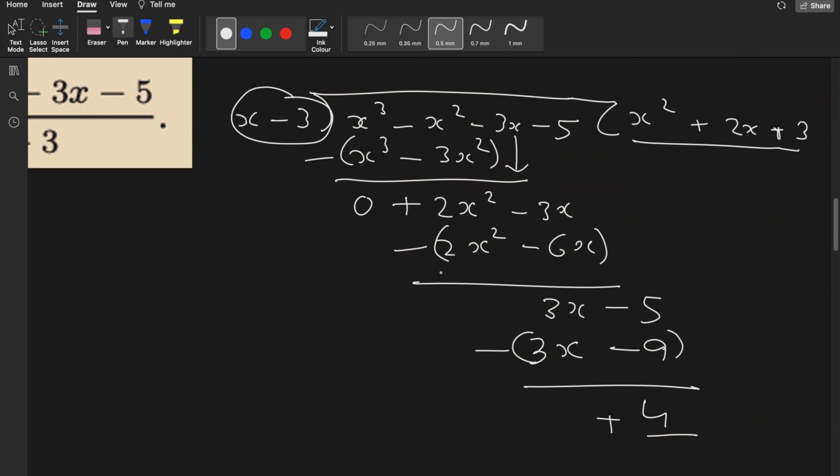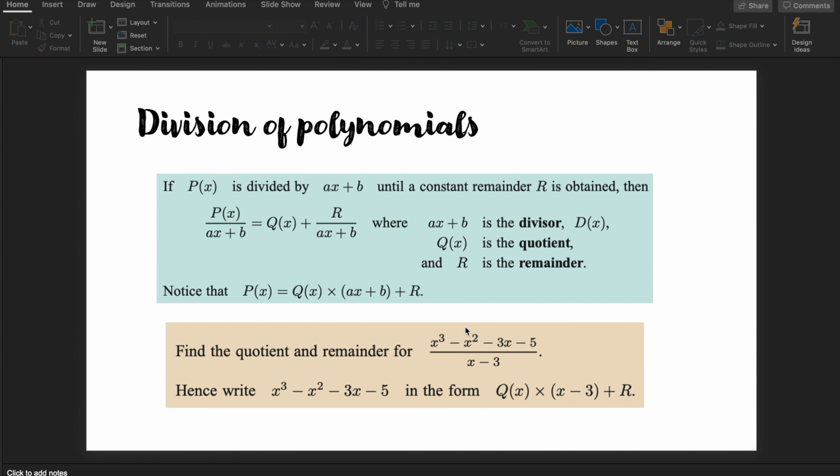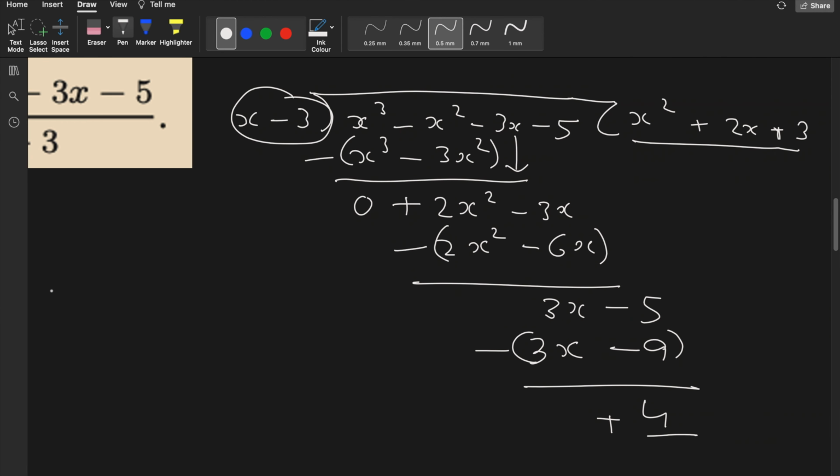This may seem confusing, but after a few examples, it will be much clearer. So let's write p of x in this form. q of x, which is basically the quotient, is x squared plus 2x plus 3 into x minus 3 plus the remainder.